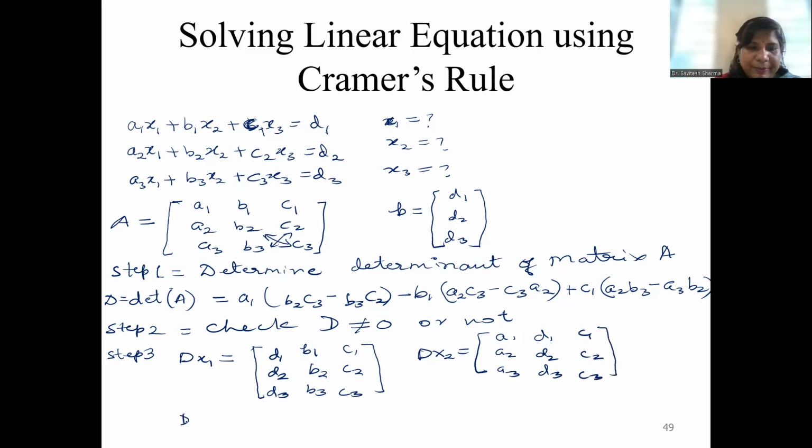Similarly, you will prepare another matrix dx3. In that you will replace the third column. The first column remains the same, a1, a2, a3. The second column remains the same, b1, b2, b3. And the third column is replaced with d1, d2 and d3. So you make 3 new matrices corresponding to x1, x2, x3.